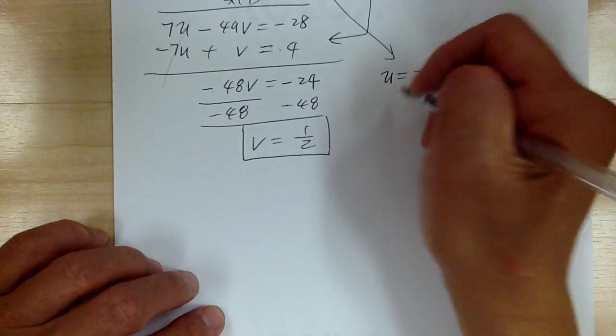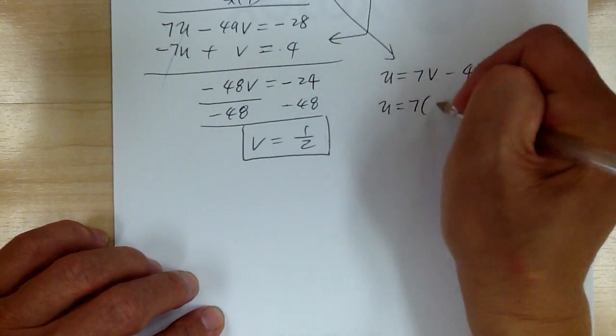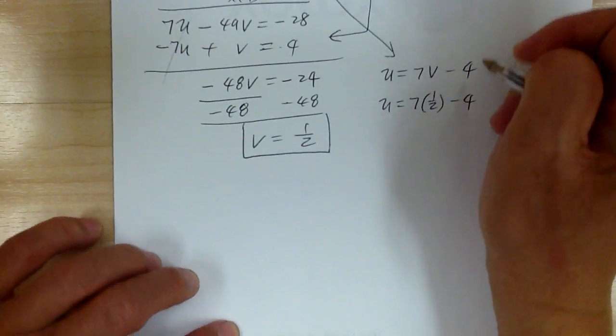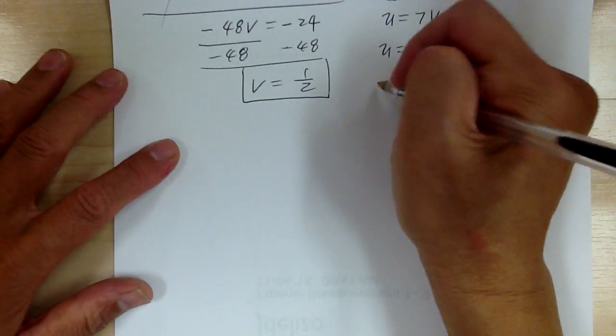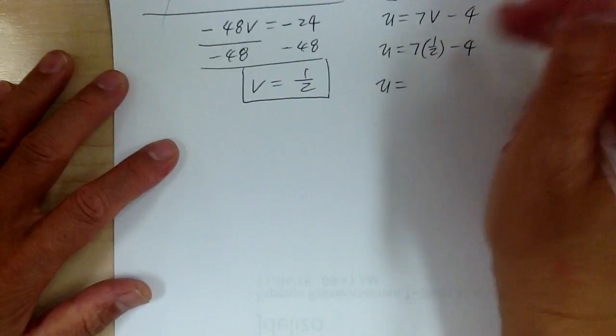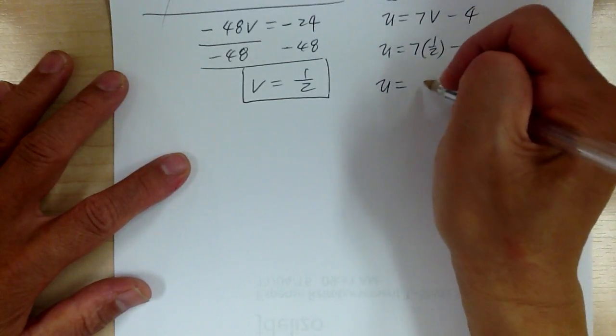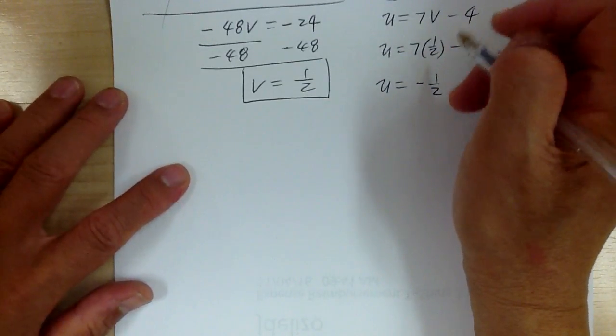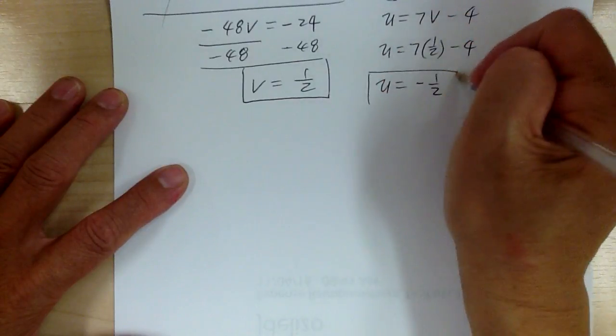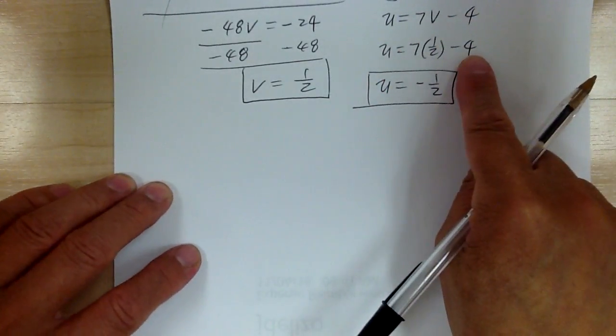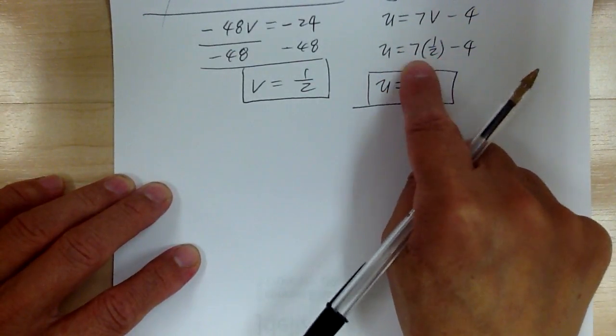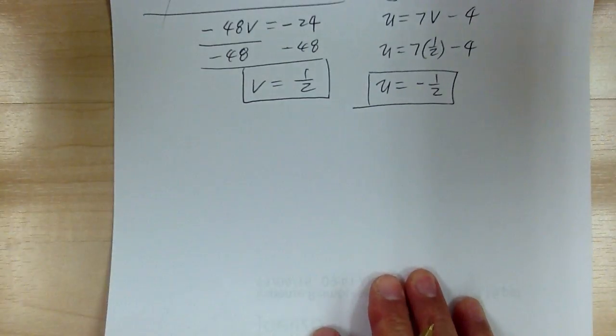Okay, show your steps. So u equal to 7 times 1/2 minus 4. So u equal to, use your calculator, punch in, you're going to get negative 1/2. Okay, and that's it. So you're allowed to use a calculator. Now this means multiplication, right? Okay, so just be aware of that.